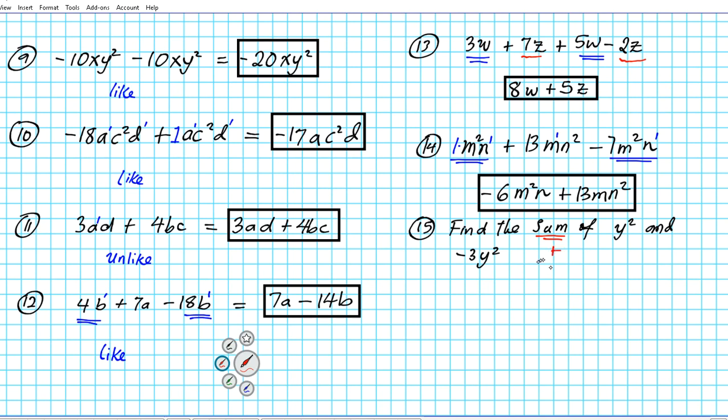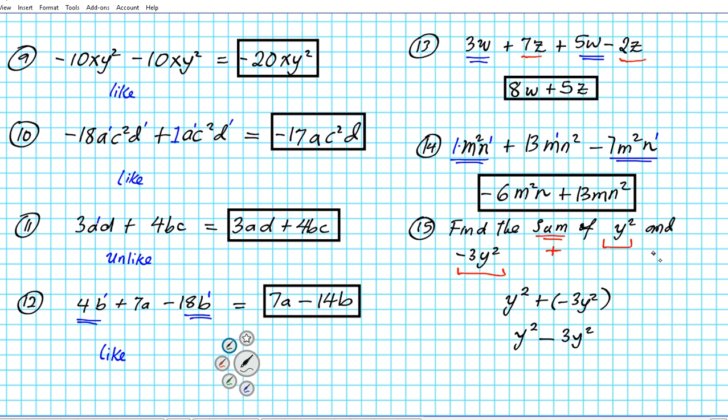Sum represents addition. Okay, so what are we summing? We're summing y squared and negative 3y squared. So if we translate this into algebraic format, we have y squared plus negative 3y squared. Let's go ahead and multiply these signs out real quick. Remember, anytime you're multiplying signs that are different, your resulting sign will always be negative. Okay, so it's y squared minus 3y squared.